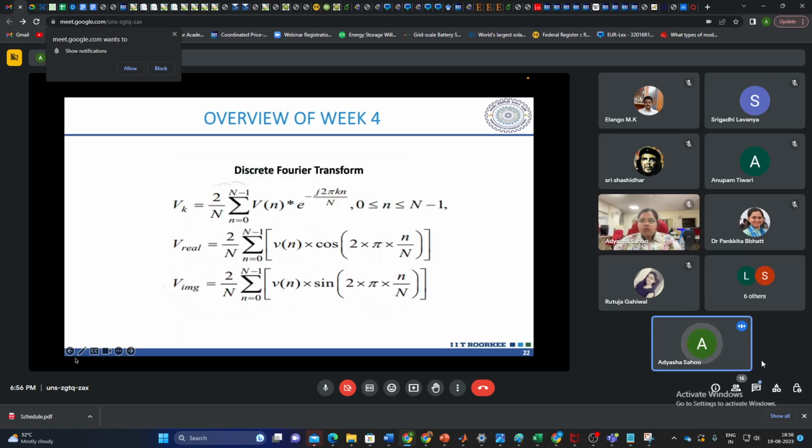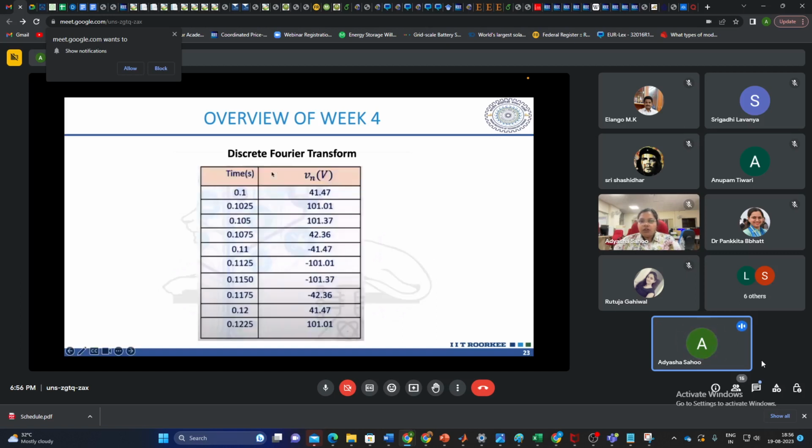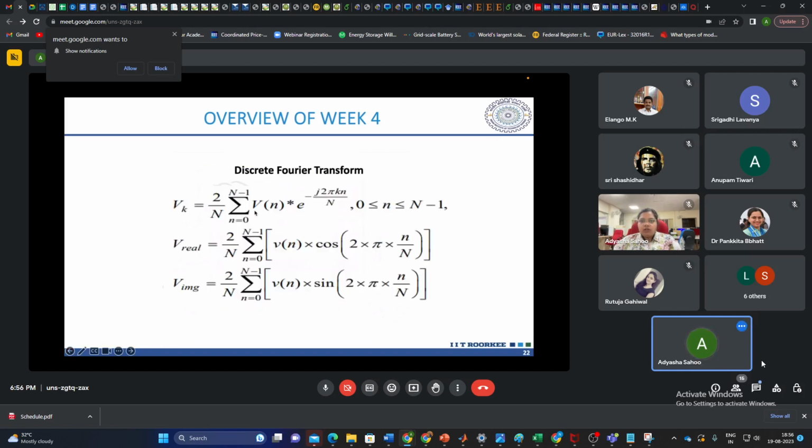So how is this PMU calculating the phasor using the samples? That is done with the help of the discrete Fourier transform. I think you have seen these formulas in the lecture. After getting this sample Vn, where n is the time instant of the sample, we multiply it with the Fourier coefficient, which is complex: cos of this angle plus j times sin of this angle.